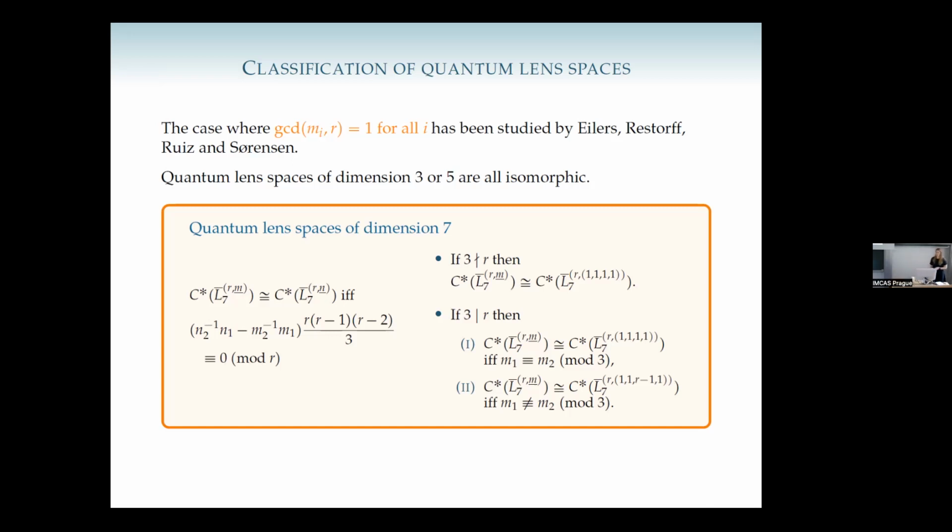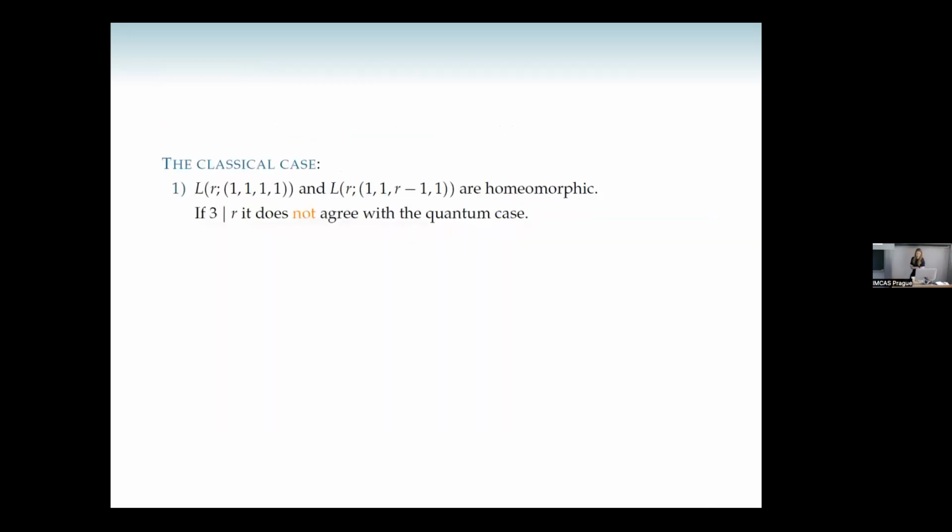And if 3 divides R, then you have 2 different classes of length spaces, depending on whether M1 is congruent to M2 modulo 3 or not. So you only get 1 class if 3 does not divide R, and you get 2 classes if 3 divides R.